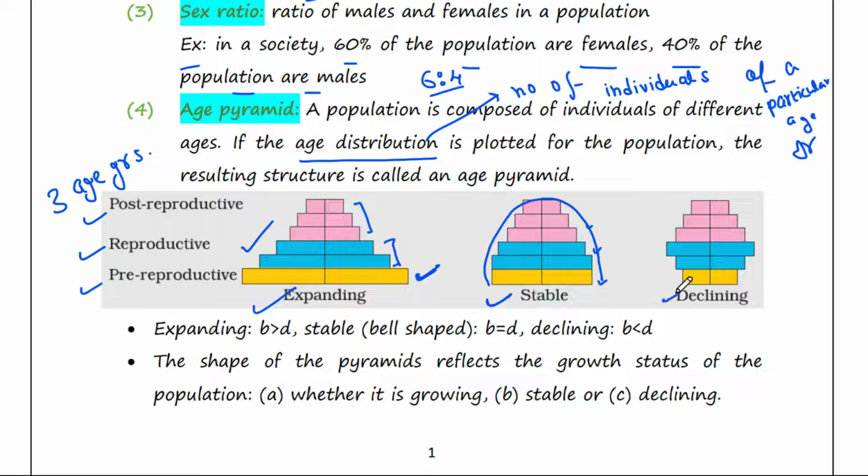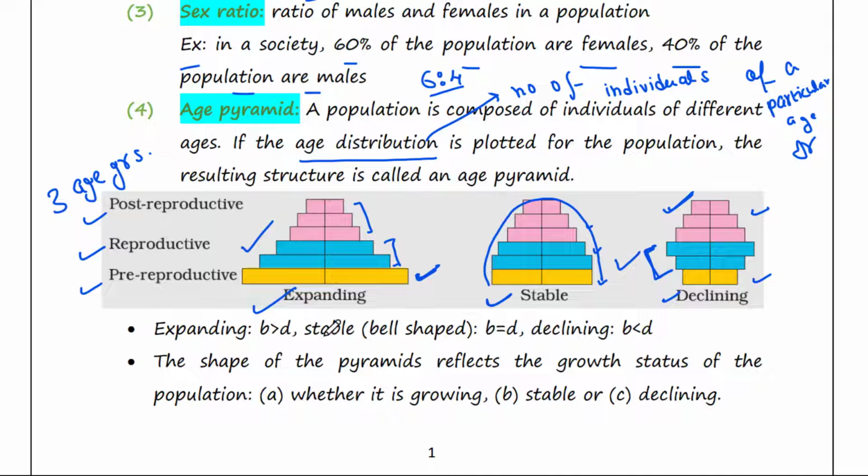And in a declining pyramid, the number of individuals is highest in the middle age group. In both pre-reproductive and post-reproductive stages, the number of individuals is less. Hence, the shape of the pyramid is like this.